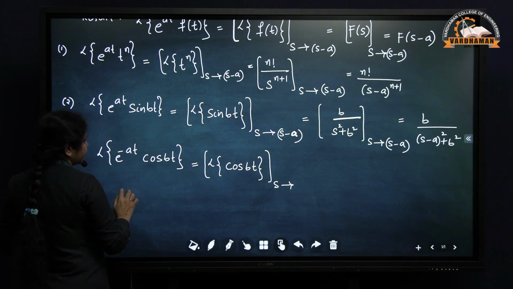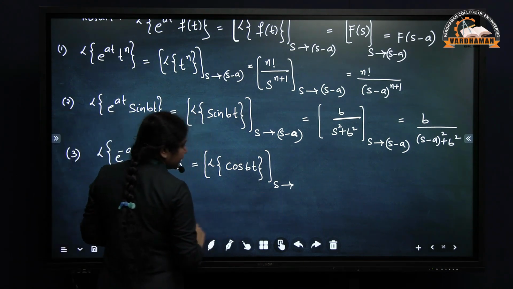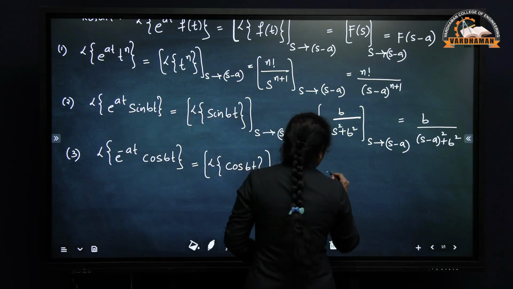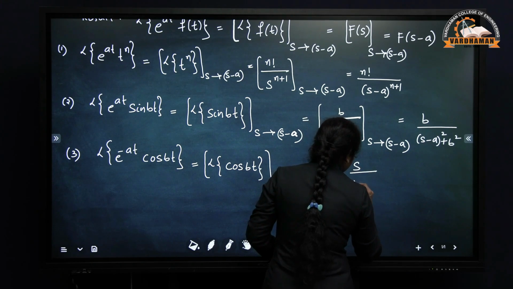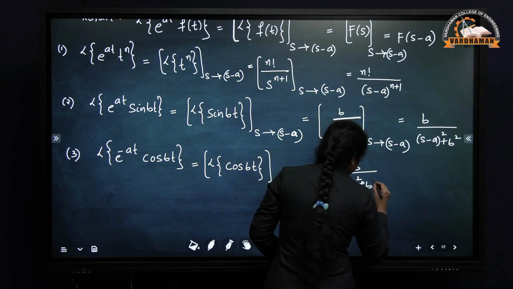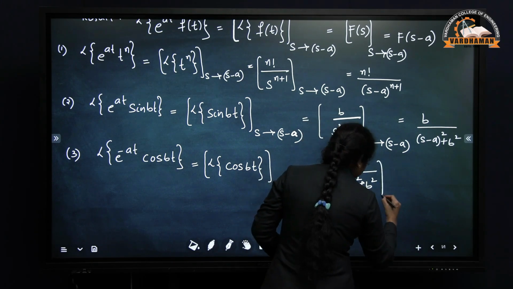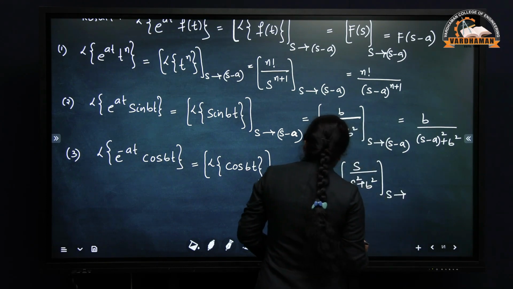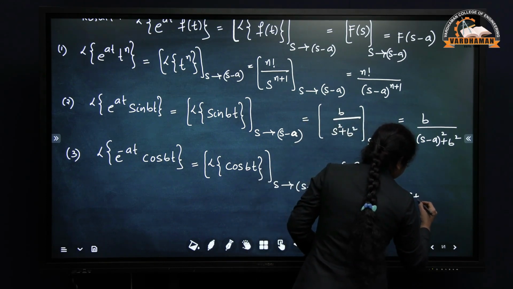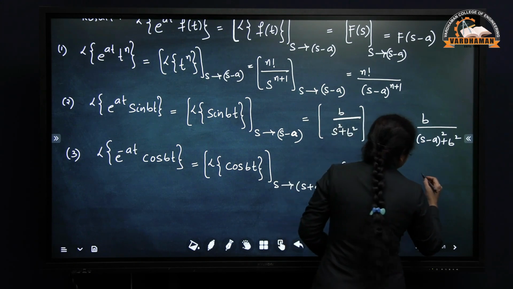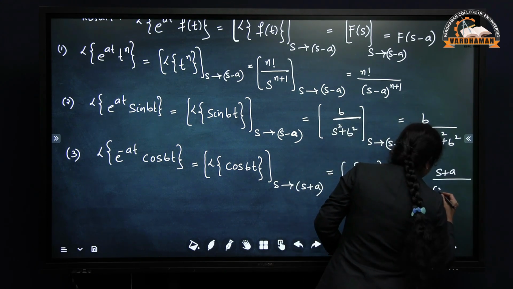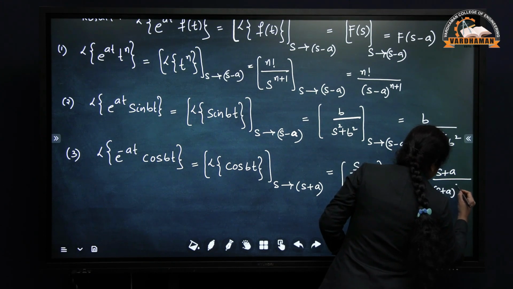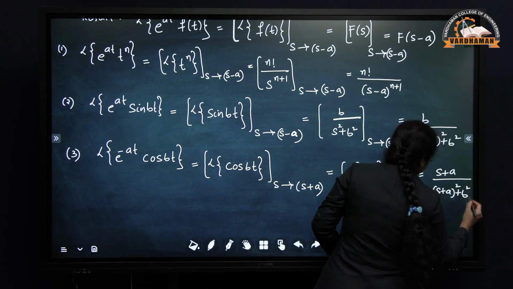The formula for the Laplace transform of cos bt is s by s square plus b square, and replacing s with s plus a, the answer is s plus a by s plus a whole square plus b square.